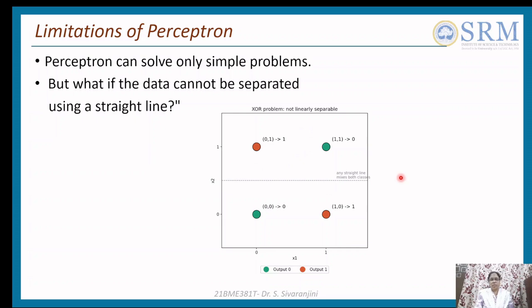When there is no single straight line that separates the two classes, we go for other networks. So what is the best possible way to find a solution for this? The best way is to stack the neurons.